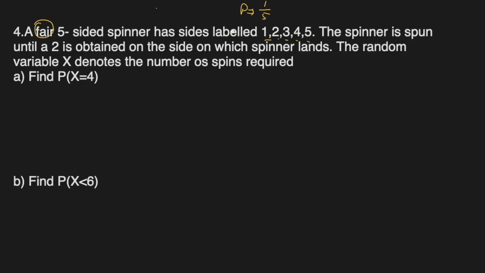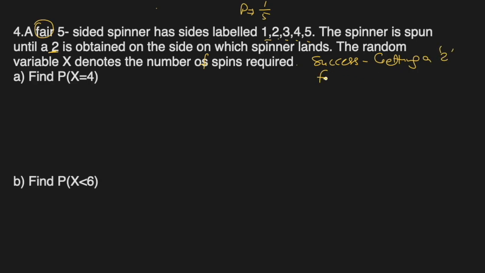Okay. The spinner is spun until a 2 is obtained. That means it's a geometric probability on the side on which the spinner lands. The random variable X denotes the number of spins required to obtain 2, right? So 2 is the success here. Success is getting a 2.